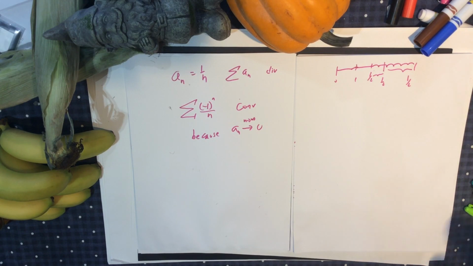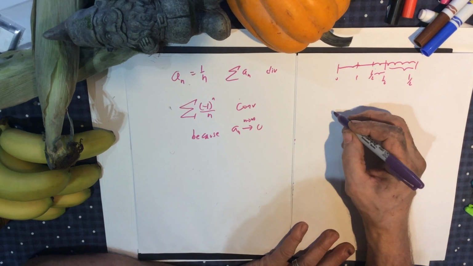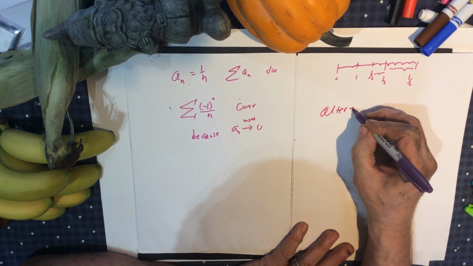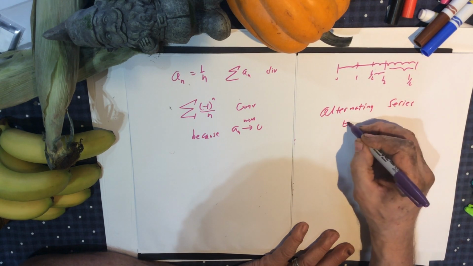Well, one of the things that we would like to do with the alternating series is we would like to kind of know what it might be adding up to and how accurate we can get that. And so there is one theorem called the alternating series estimate.